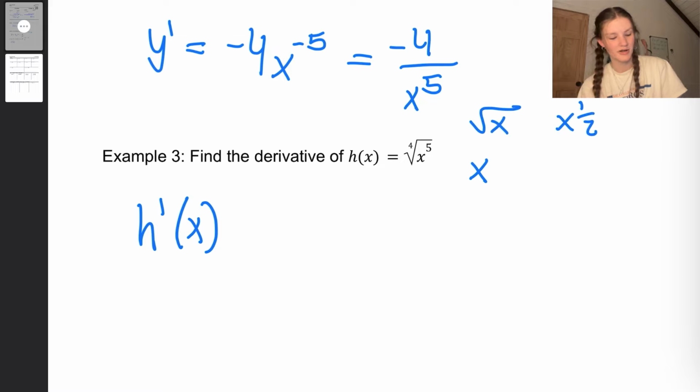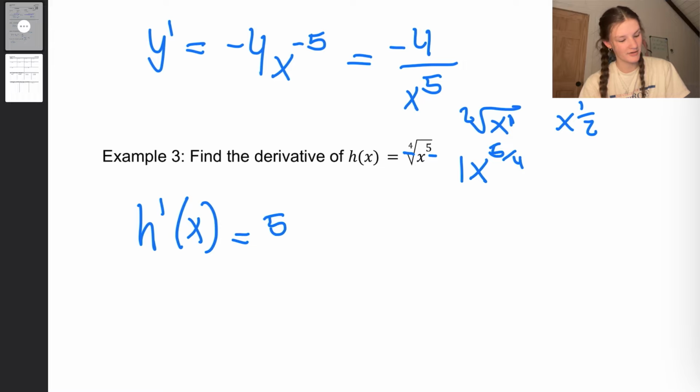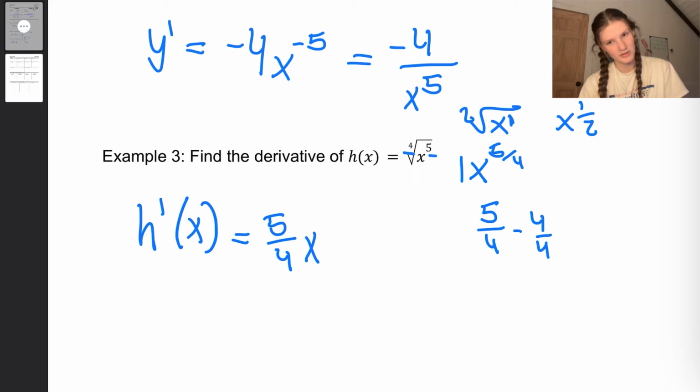This is how I always remember it if I forget, because this would be a 2, this is a 1, so I know that it's inside over outside, so 5 over 4. There's a 1 in front of here, so 5 over 4 x, what's 5 over 4 minus 4 over 4, which is 1, is equal to 1/4, x to the 1/4.